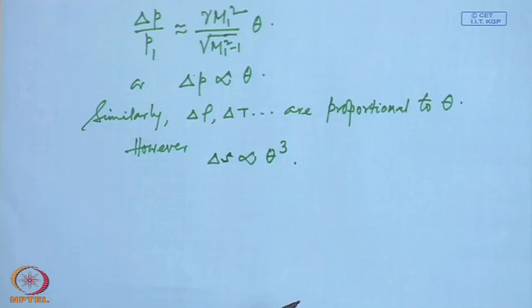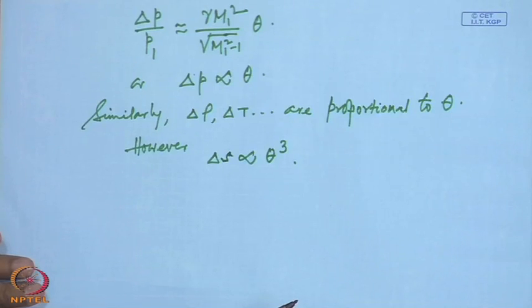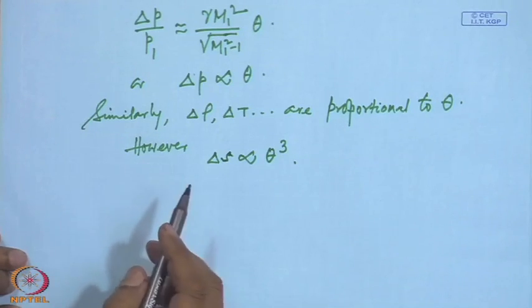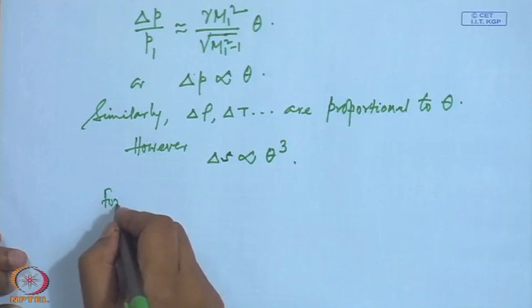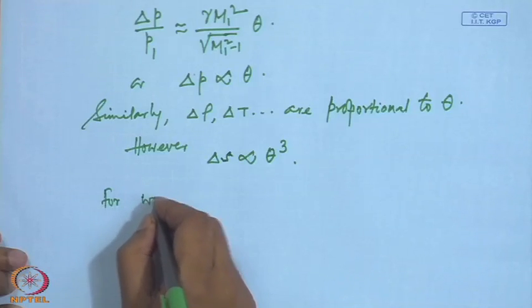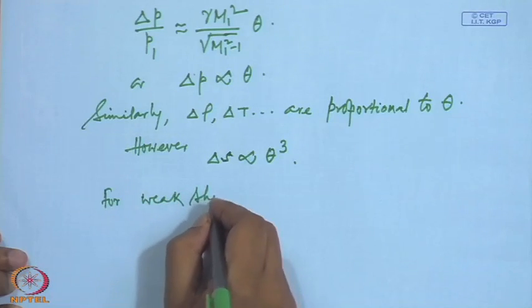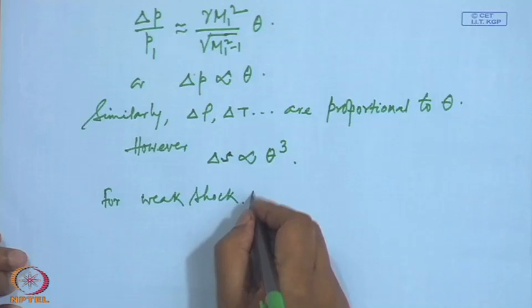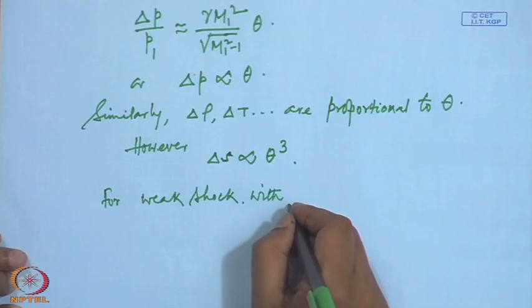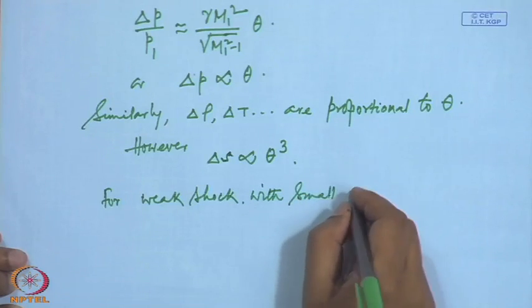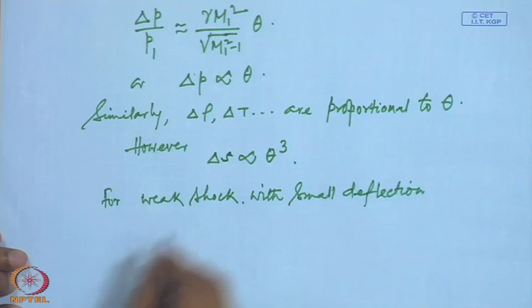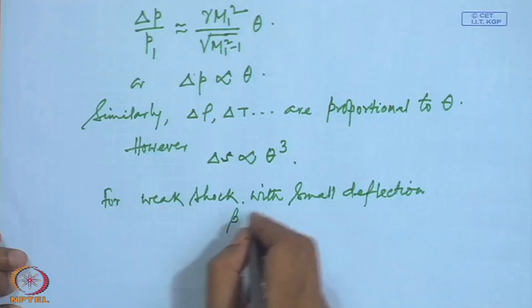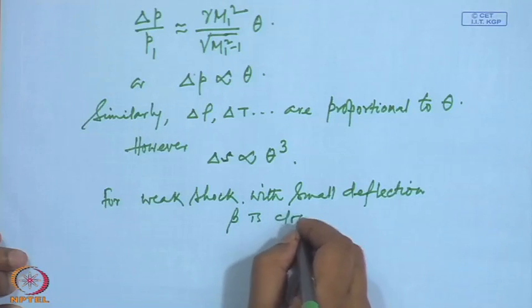We will also now look to the difference between the wave angle beta and the Mach angle mu. We have already seen that for a weak shock with small deflection, beta is close to mu.